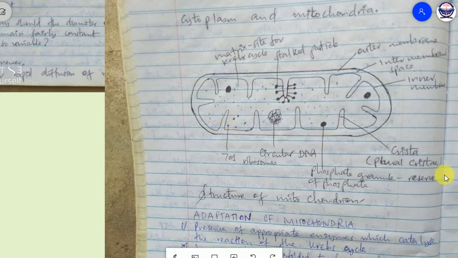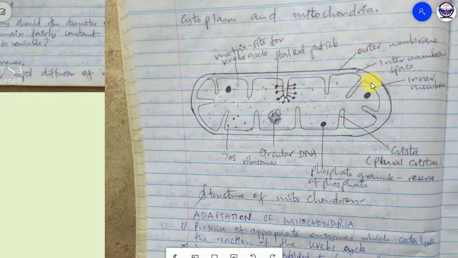For example, the cristae increase the surface area for the electron transport chain to take place. And the stalked particles are packed with ATPase enzymes, and the ATPase enzyme is responsible for synthesis of ATP during the end stages of the electron transport chain, as we shall discuss later.